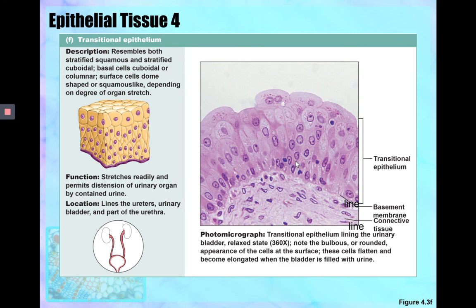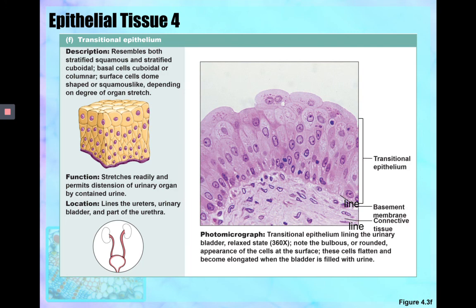You would find transitional epithelium throughout the bladder, throughout the urethra, the ureters, really a lot of the urinary system. You do not, however, find it in the kidneys. The reason that transitional epithelium is found in the urinary system is because of its ability to stretch.